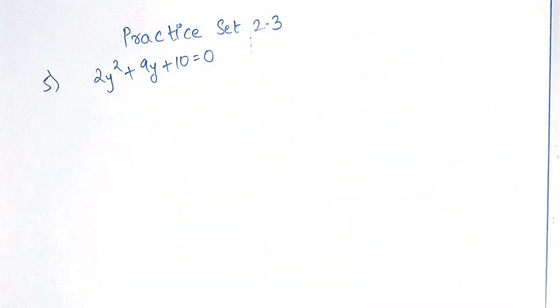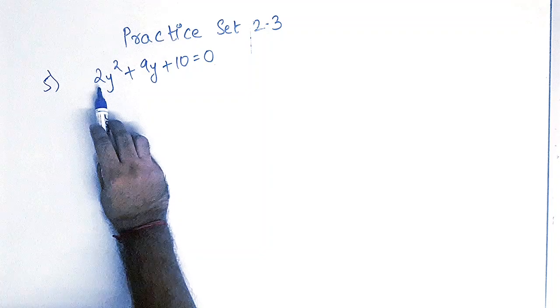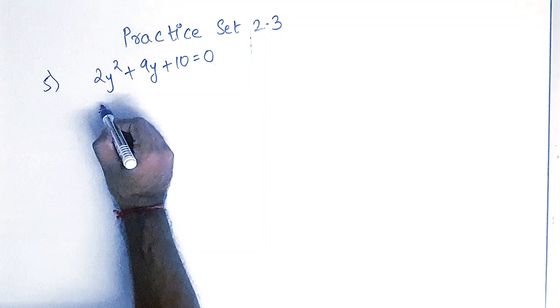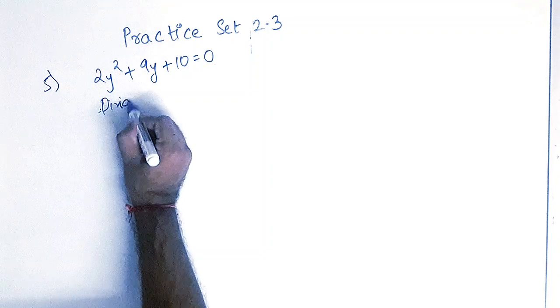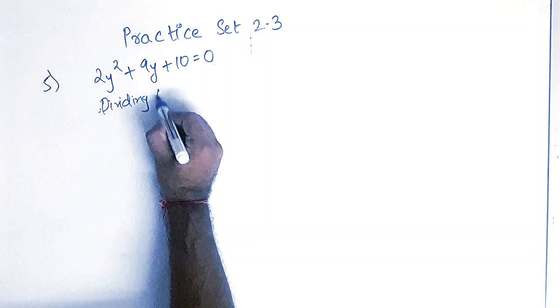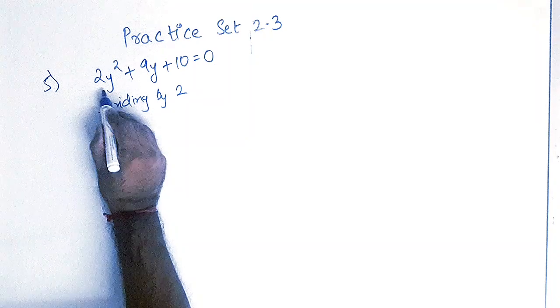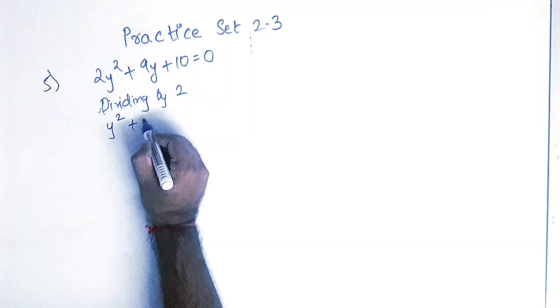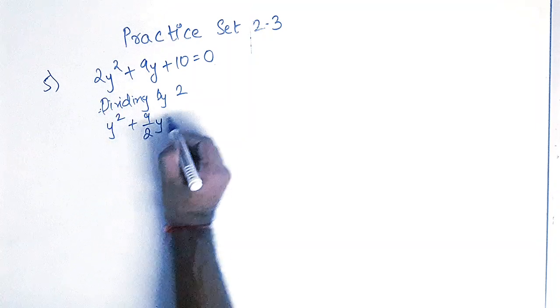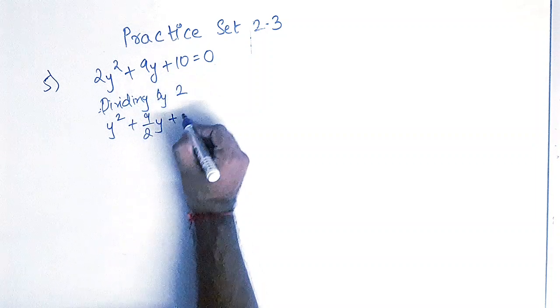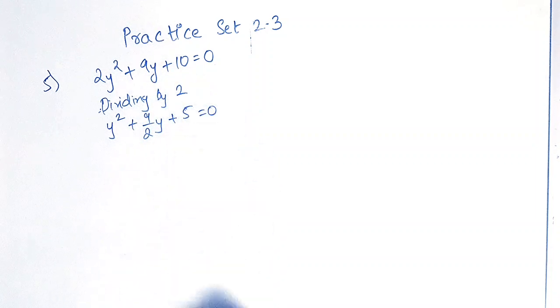So sum number 5, again you can see we want to eliminate this 2. So what we'll do is first divide by 2, we'll get y square, because 2 upon 2 will become 1, plus 9 by 2y plus 10 by 2 means 5.